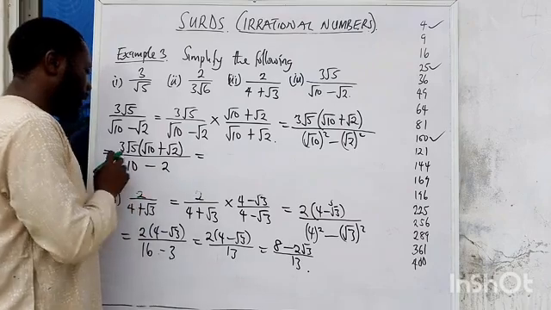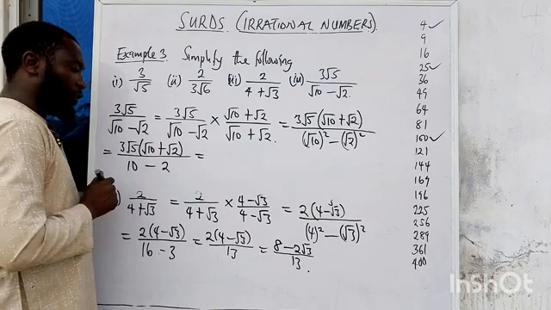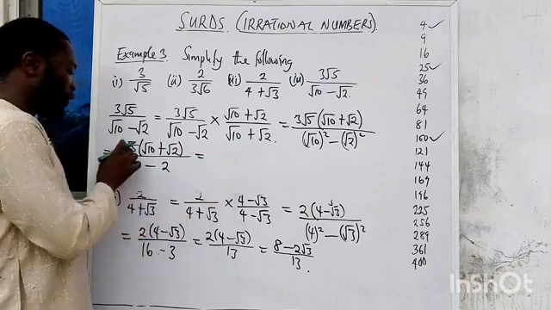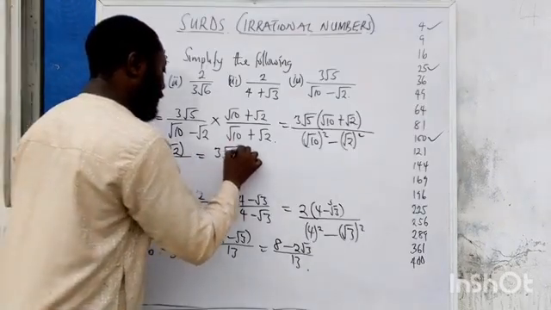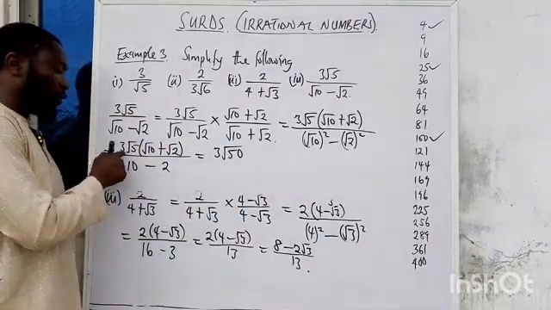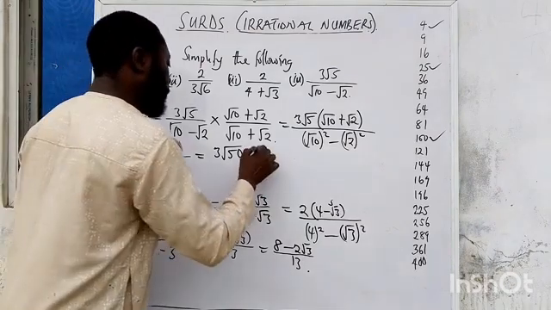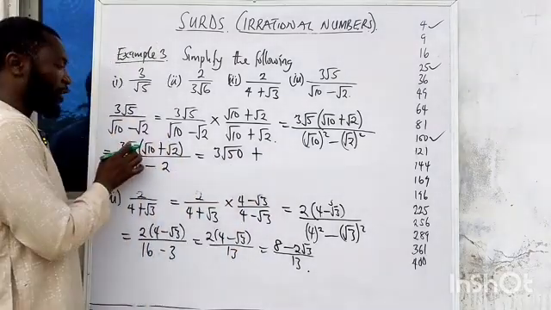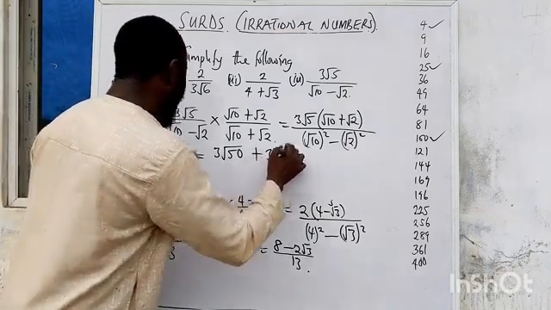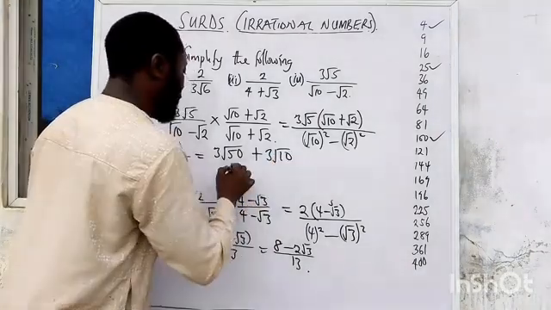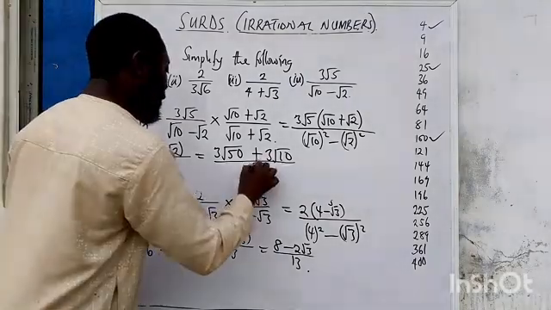Now, let's open the bracket. We are using the value outside to multiply everything in the bracket. Normal expansion. We are using 3 root 5 to multiply square root of 10. That will be 3 root 50, because 3 cannot multiply 10, but 5 inside the root can multiply square root of 10. Plus, use 3 root 5 again to multiply square root of 2. You have 3 outside, but you have square root of 10, divided by 10 minus 2, and that is 8.